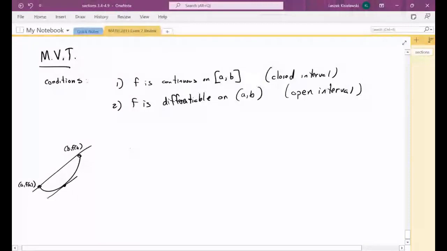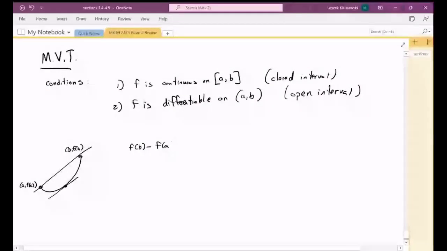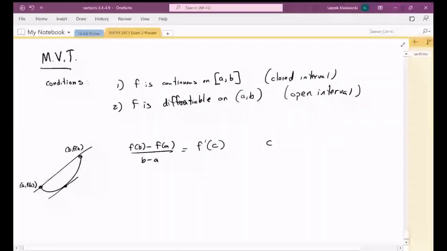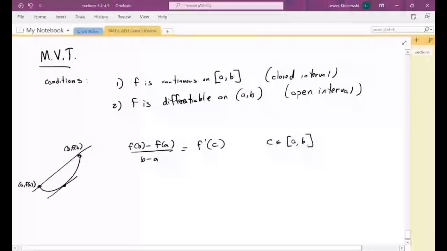So it says that the slope of the secant line, change in y over change in x, is equal to the derivative, the slope of the tangent line at some point c, where c is in that interval from a to b. And there might be multiple values of c. Right? There's at least one of these.